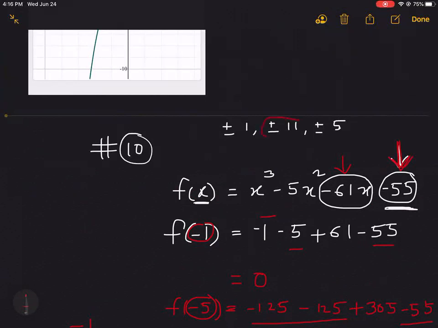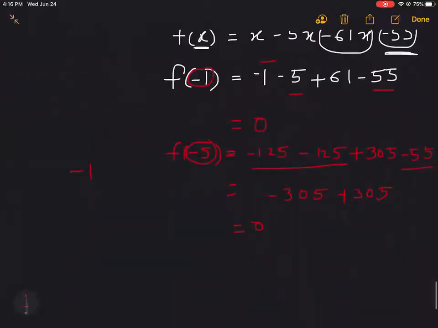But for the bigger value, this might not be the case, because if you take negative 11, this will be positive 61 times 11, and this will be difficult to nullify, to make it 0. So instead I'll try a positive 11.